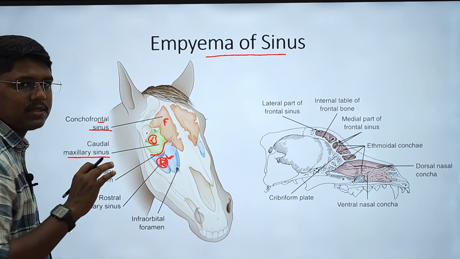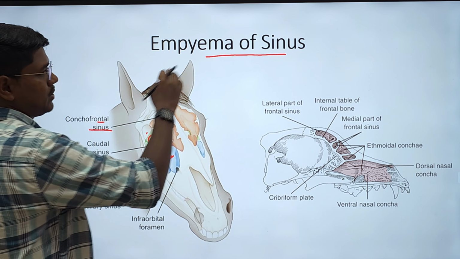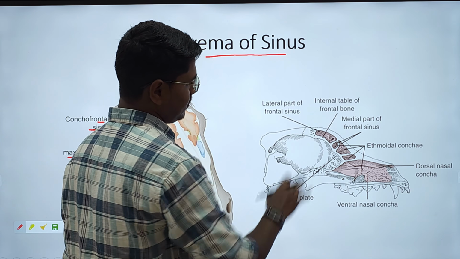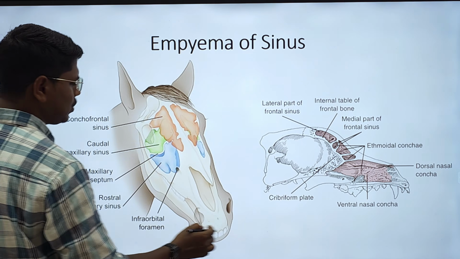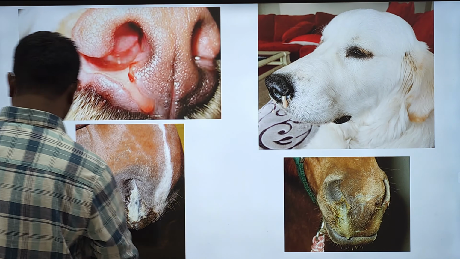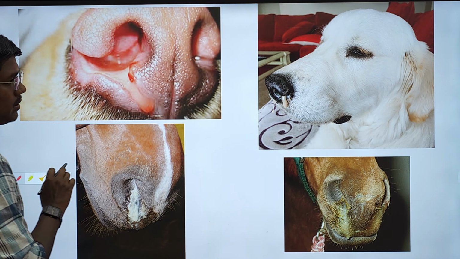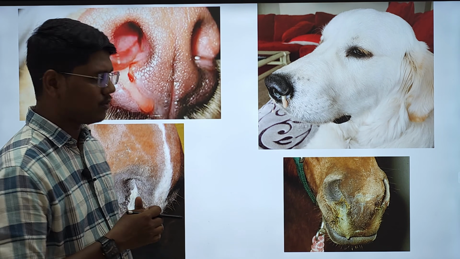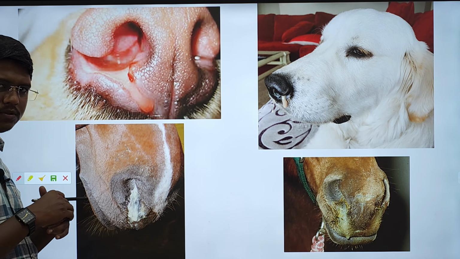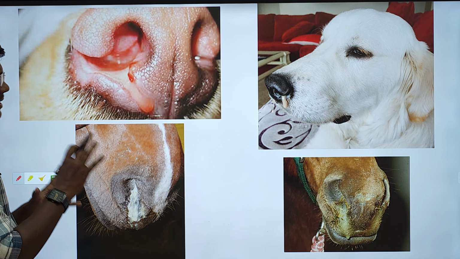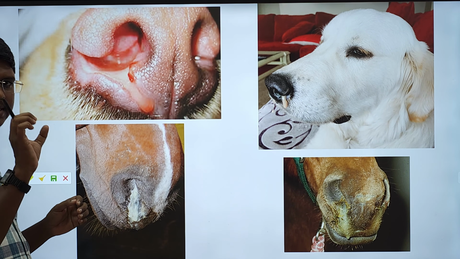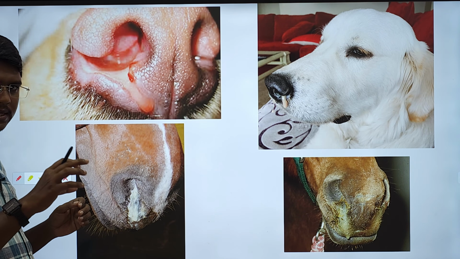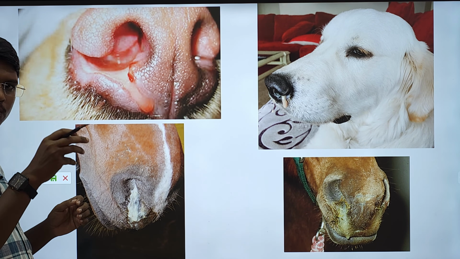Empyema simply means accumulation of pus, so pus in the sinus. In dogs, you will find it in the frontal sinus. So what do you have to do? Simply look for clinical signs. It may be confused with rhinitis, so it is kind of difficult to diagnose, but compared to rhinitis, very thick mucoid purulent material will come as discharge.